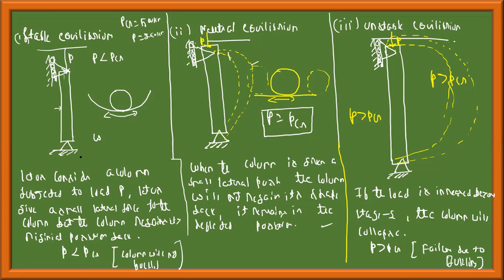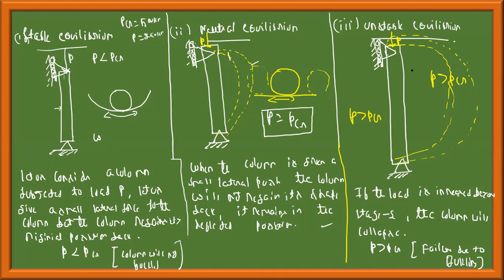There are three conditions a column will come across. One is the load less than its maximum withstanding capability. When the load is less than its withstanding capability, as soon as you remove the load, or if you give a small deflection even while applying the load, it will come back to the original position, like the elastic limit. When you give a load equal to the critical buckling load of the column, the column will remain in the same position until the load is there, but after removing the load, it will come back to the original position.